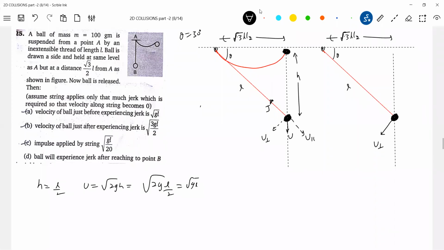So what is u perpendicular? This is theta, so u perpendicular should be u cos theta, which is u root 3 by 2. What is u? Root gL.